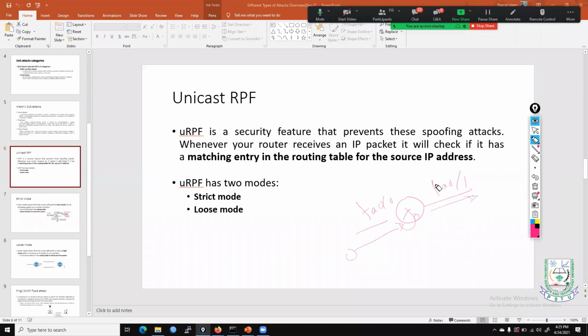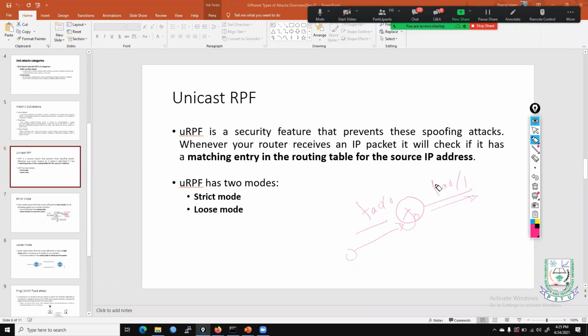Whenever the router receives an IP packet, it matches the entry that belongs to the source IP address. If it does not match, that packet is discarded. There are two modes to mitigate the spoof attack: one is strict mode, another is loose mode.